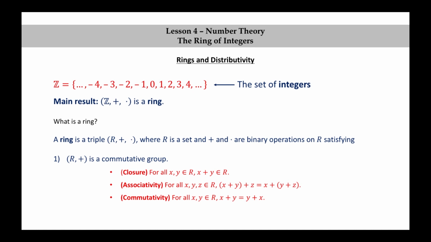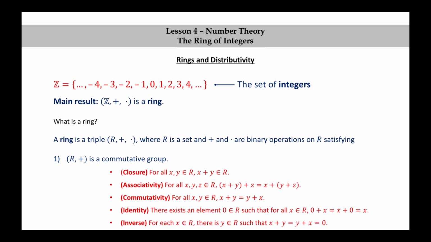Commutativity. For all x, y in R, x plus y is equal to y plus x. Identity. There exists an element 0 in R such that for all x in R, 0 plus x and x plus 0 are both equal to x. 0 is known as the additive identity element.